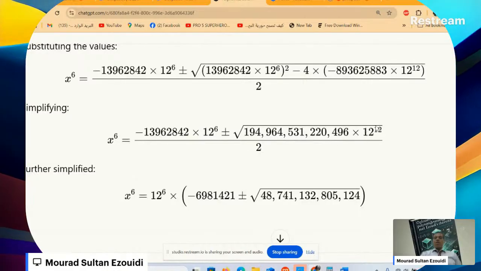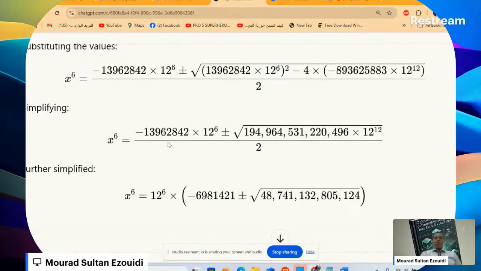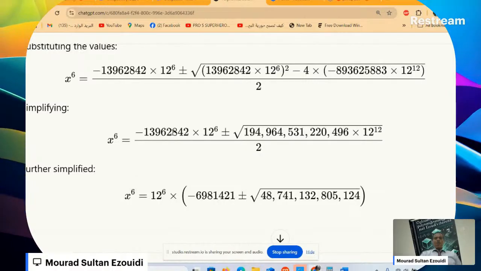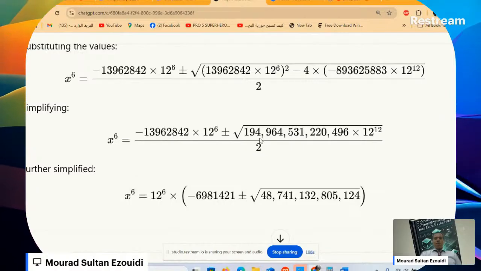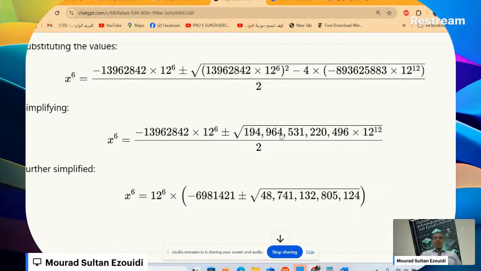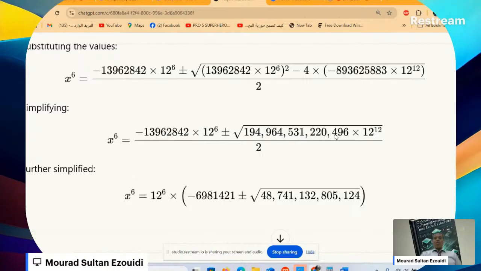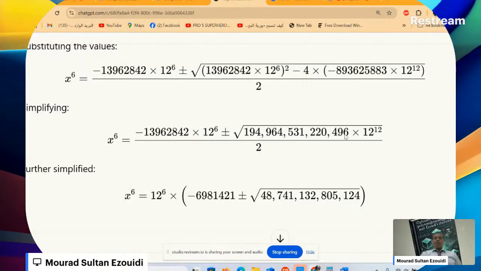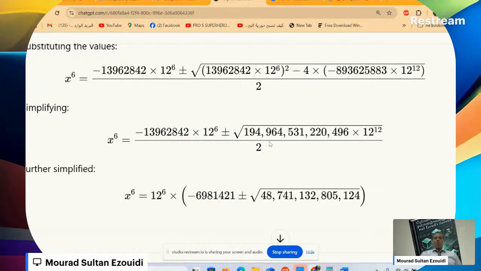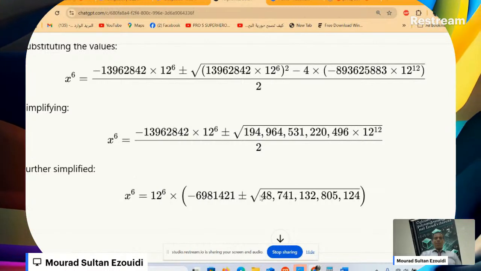You see this 12 raised to the power 12 raised to the power half will be 12 raised to the power 6. Then it remains only negative. You see this one I will divide by 2. And this number 194 trillion 964 billion 531 million 220,496, I should divide by 4 to cancel the 2's in the denominator. So it will be like that.